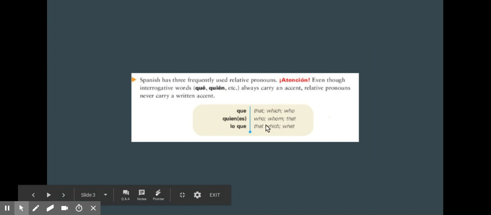As you can see, the word that, we also saw when we were talking about demonstrative adjectives and pronouns, ese, esa, esos, esas, these, those, but they're different words. Now, those ones generally refer to a noun, that book, that table, that chair, whereas relative pronouns are used to combine two sentences.